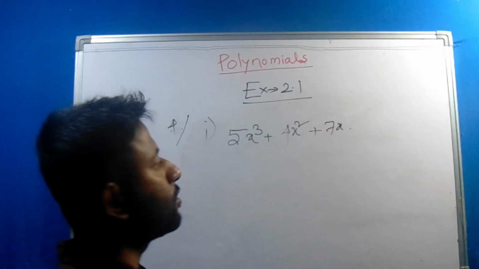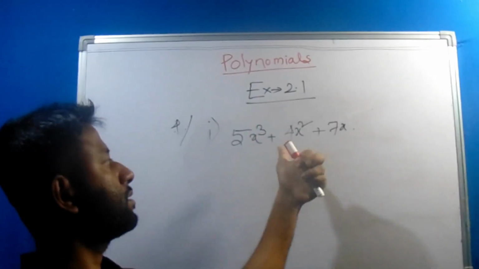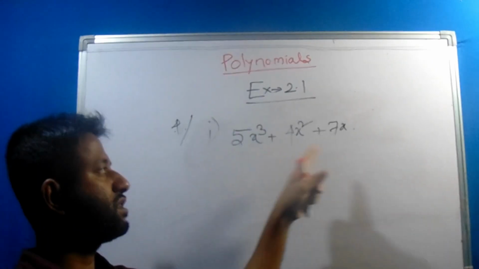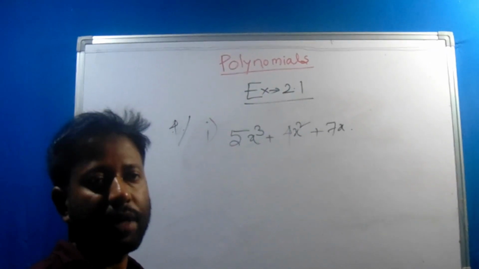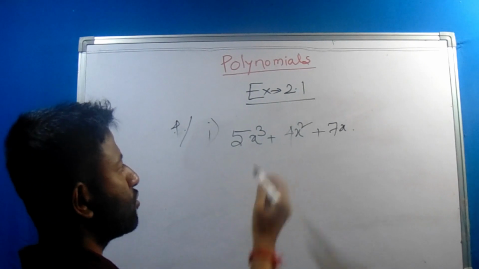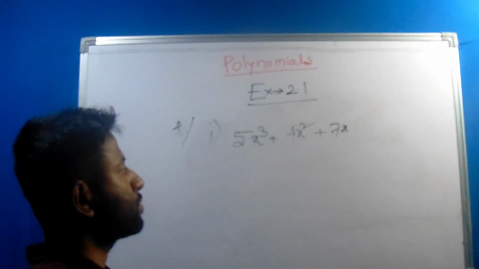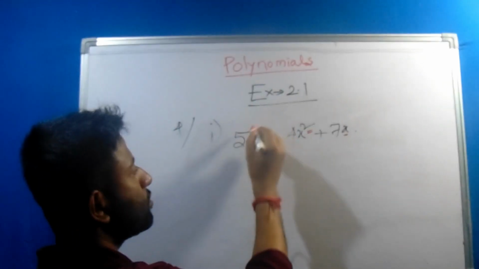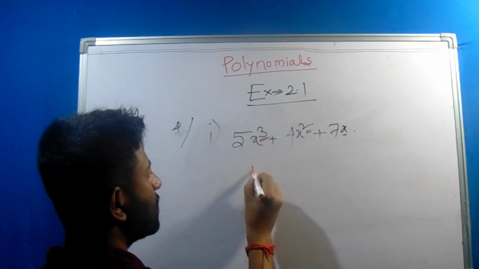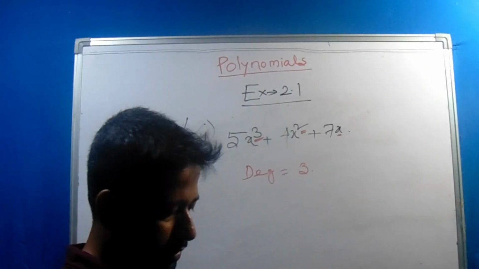So they are asking about the degree. What I told you about the degree: it consists of 3 terms. Here you see there are 3 terms, and whichever one term has the maximum exponent, we will call that the degree. So here which is the maximum? In the first part the exponent is 3, here it is 2, here it is 1. So whichever is the maximum will be the degree. So what is its degree? So degree equal to 3.